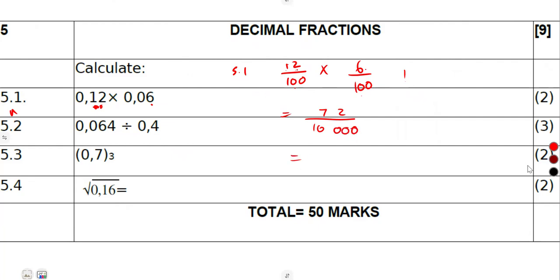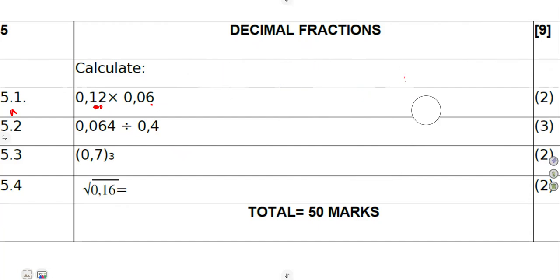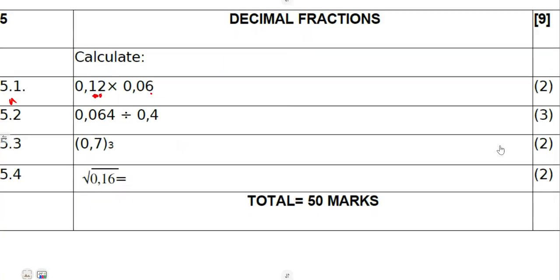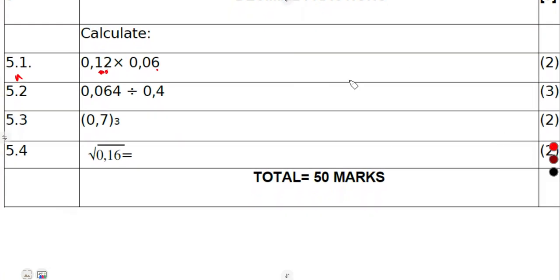So we are simply dividing. Move 4 commas to the left. 1, 2, 3, 4. So you put zeros in those places. So that's 0,0072. All right. Or just, guys, use any other way. Remember, from the previous question paper, I explained other ways of doing that. You can do that.